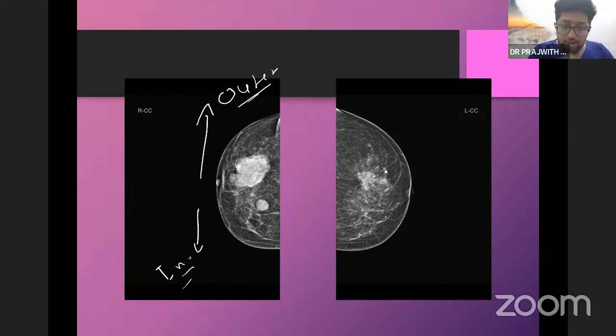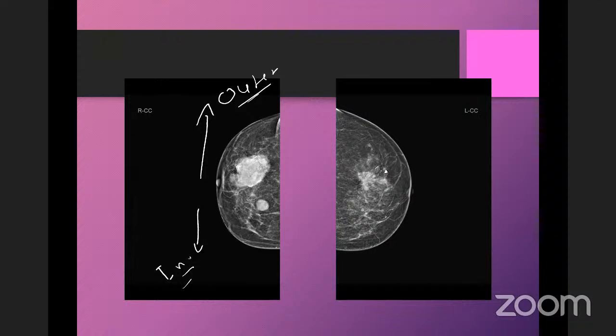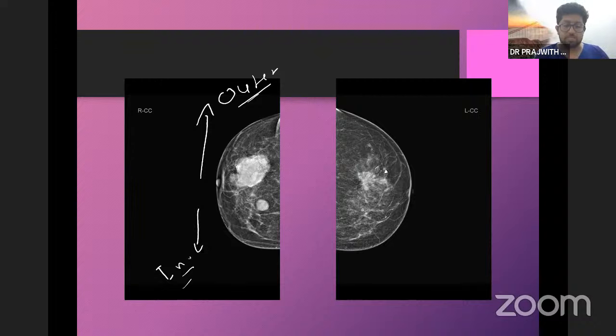With what kind of margin is it? Irregular. Good, it has an irregular margin. What kind of margin can you call it? Lobulated, can you call it slightly lobulated?